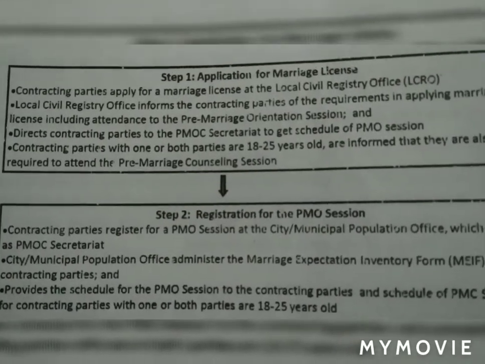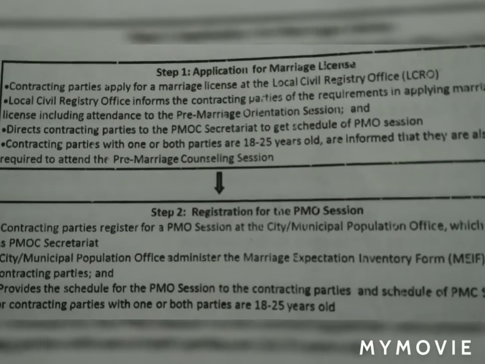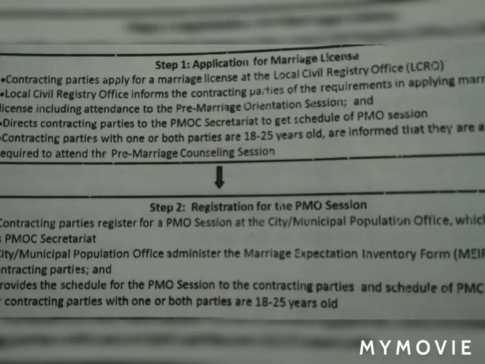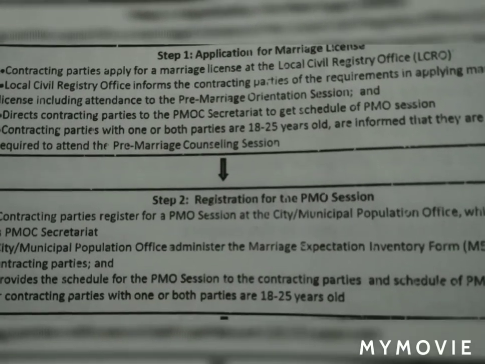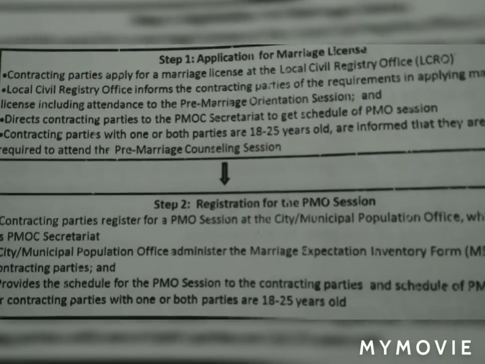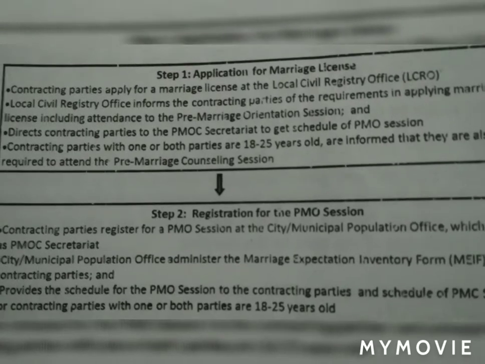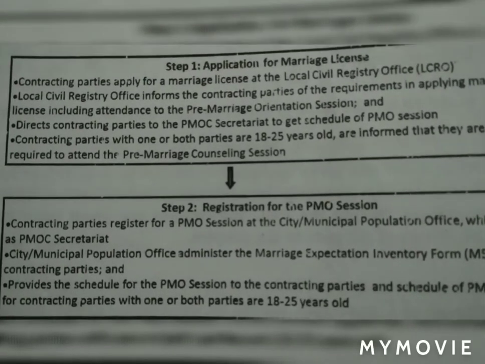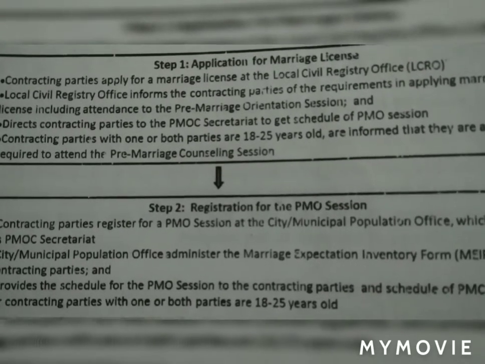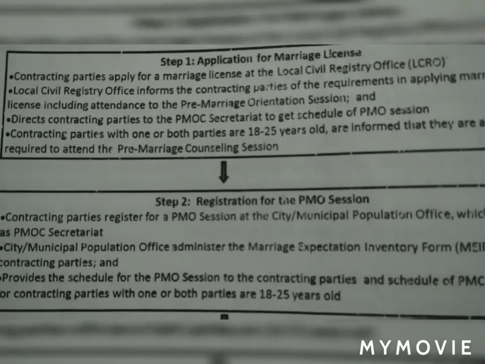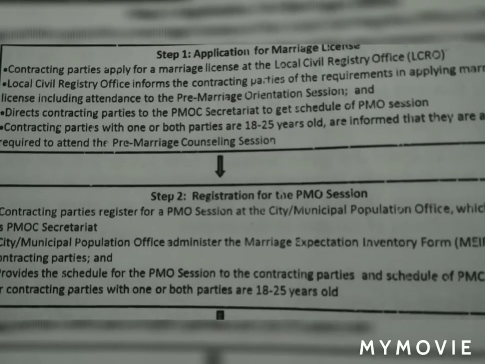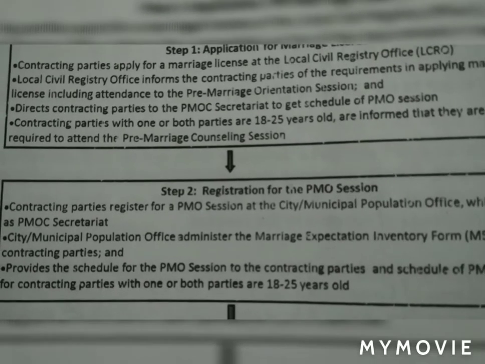Step 1, application for marriage license. Contracting parties apply for a marriage license at the local civil registry office. Local Civil Registry Office informs the contracting parties of the requirements in applying marriage license, including attendance to the pre-marriage orientation session, and directs contracting parties to the PMO Secretariat to get schedule of PMO sessions.